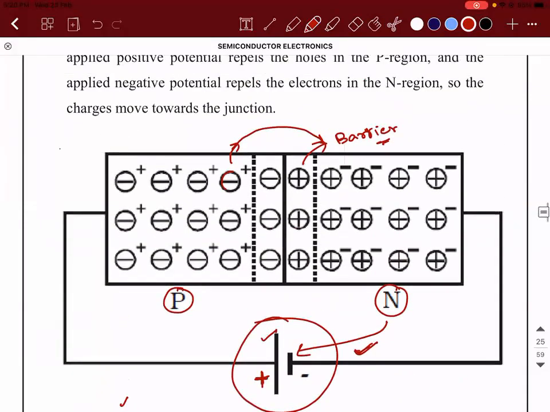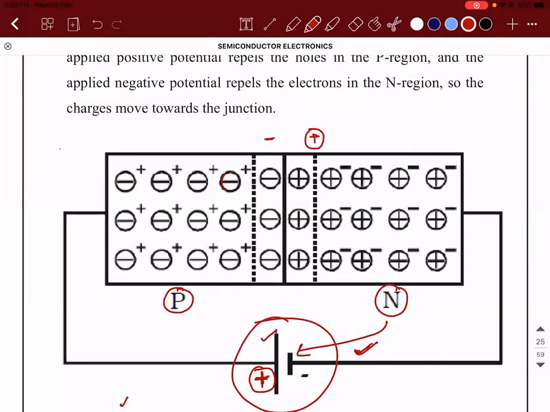So what I'm supposed to do is, remember, the depletion region already has a potential in this way. This is positive charge, this is negative charge. Now what we are trying to do is, you are applying a positive charge against the positive charge of whom?